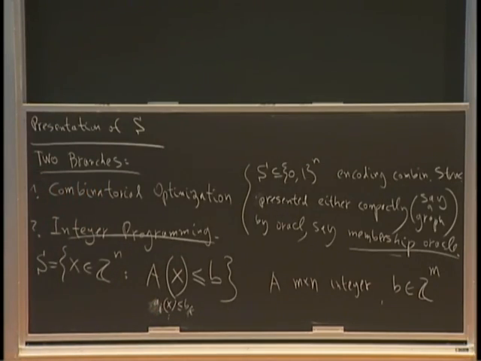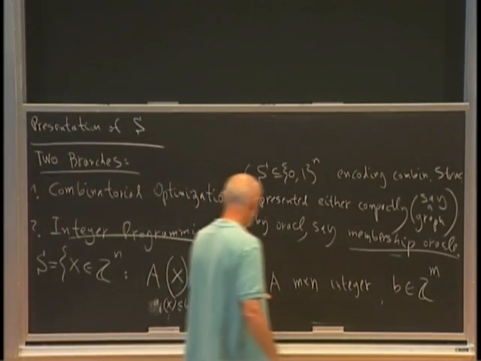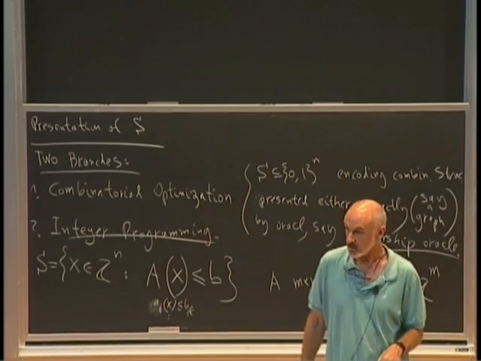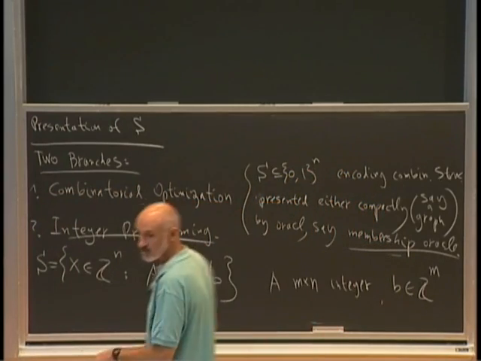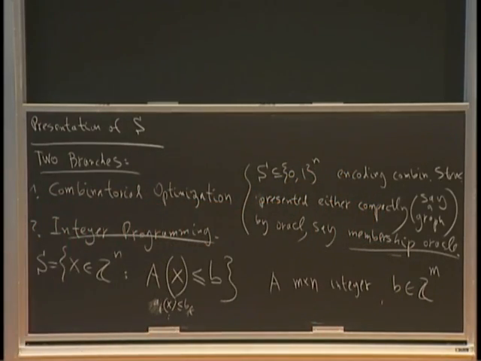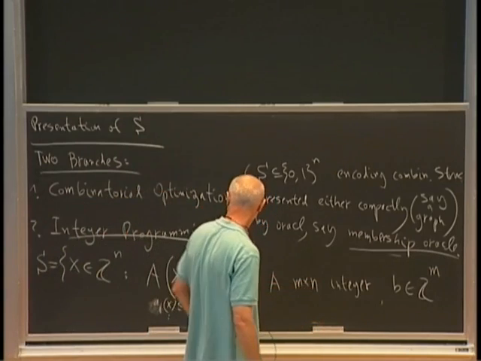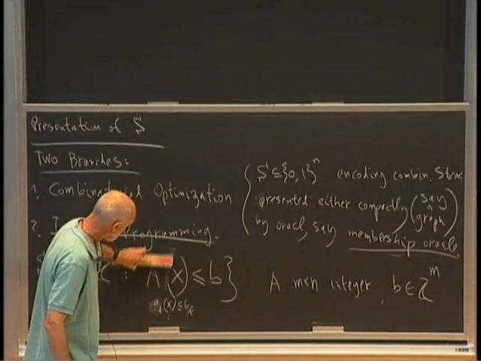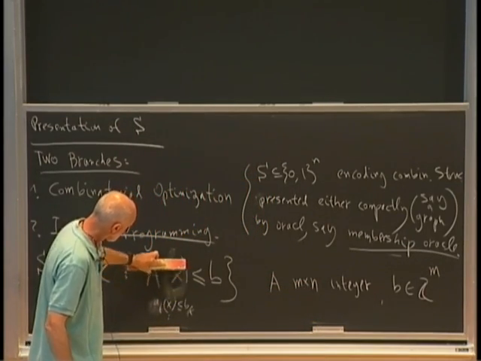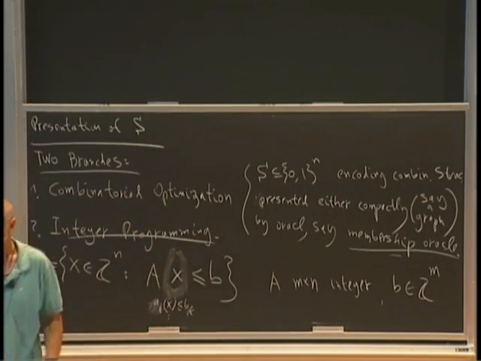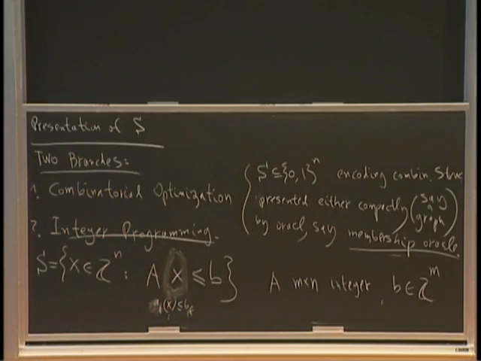So these are very hard problems, and here we are not going to talk about this. We are going to talk about linear inequalities, but nonlinear objective functions. Okay, this is integer programming.